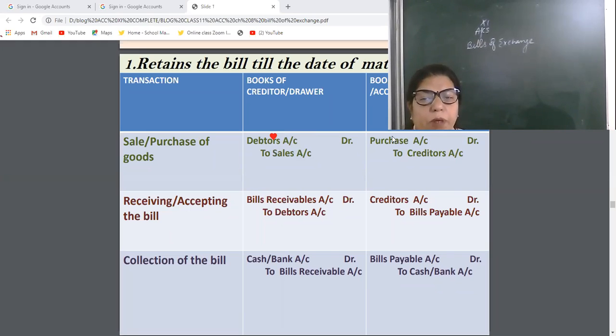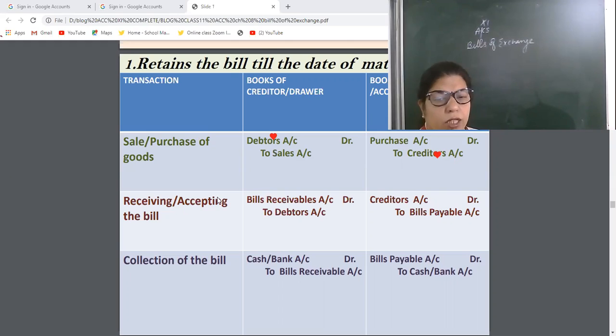Now see, purchase account debit to creditors, but in place of creditors, you will write the name of the drawer. This is the easiest way I can tell you: don't change the entry, change the names only. In the exam, we cannot give you the same names like always A and B. Various names, various amounts and different dates can be there.